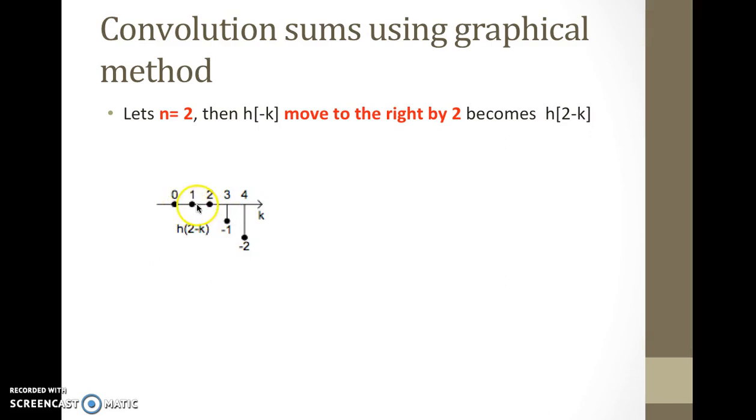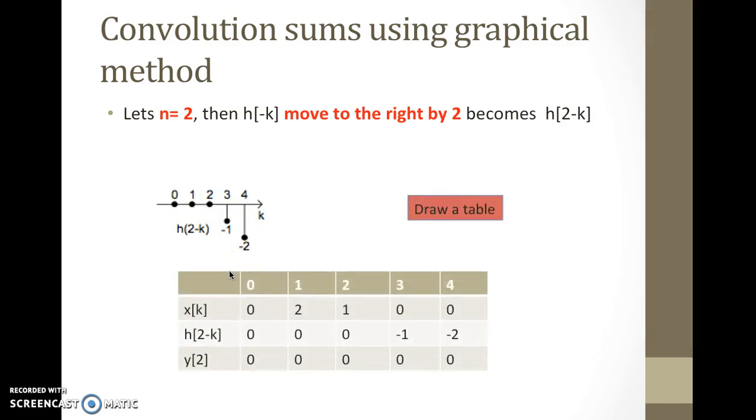So 0, 1, 2 is 0, then it starts at 3 with minus 1 and 4 with minus 2. Same procedure, draw a table. x of k remains the same, so this is the value of x of k. Since it stops at 4, I add in 4. I didn't put minus 2 and minus 1 here because we know they are already 0. So h2 minus k: at 0 is 0, at 1 is 0, at 2 is 0, at 3 is minus 1, at 4 is minus 2.